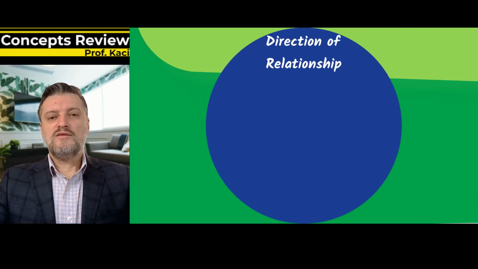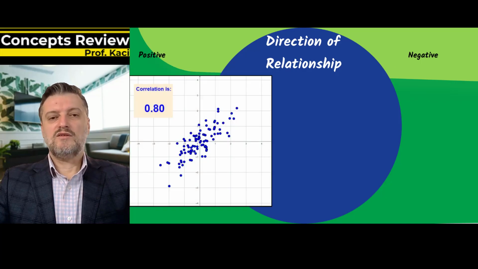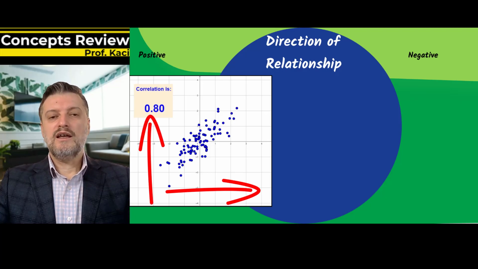We observe a positive or negative relationship. In a positive relationship, high values on one variable are associated with high values on the other, and low values on one are associated with low values on the other. For example, we assume a positive relationship between years of education and the salary one might expect to be making.